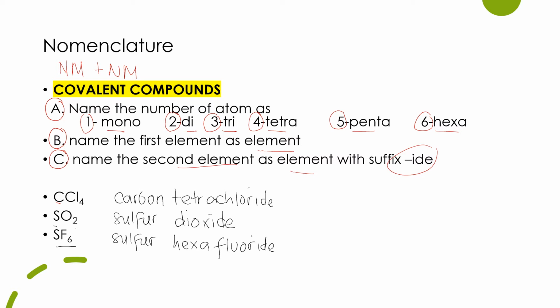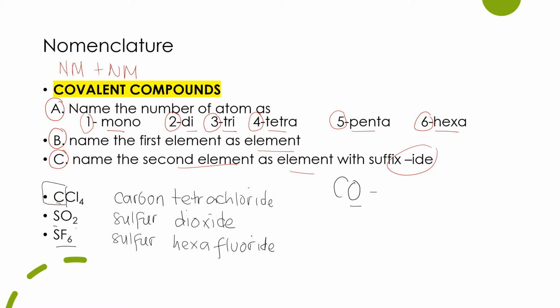1 for the first element is not mentioned, so the name is not monocarbon but carbon. But when the number of atoms 1 is on the second element, such as CO, then you need to mention the number 1 as mono.